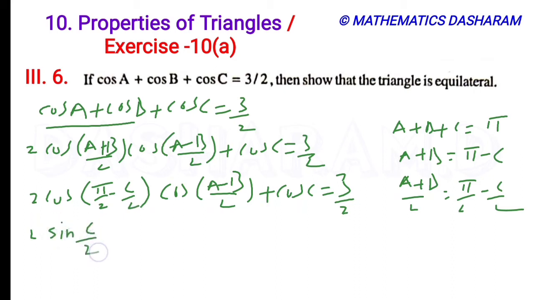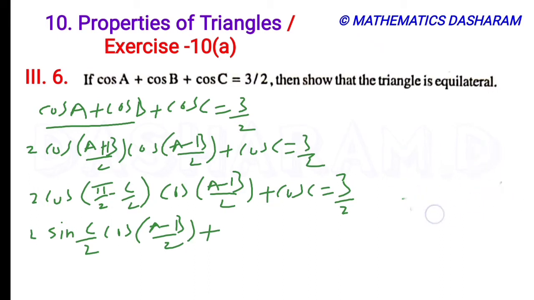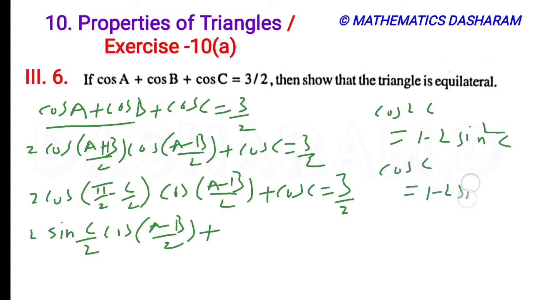So sin C/2 into cos (A minus B)/2 plus cos C. Actually, the cos 2C formula is 1 minus 2 sin square C. From this, the cos C formula is 1 minus 2 sin square C/2. So here 1 minus 2 sin square C/2 equals 3/2.